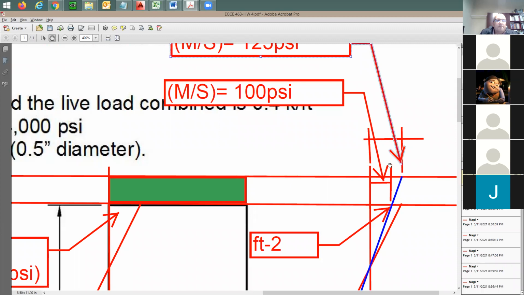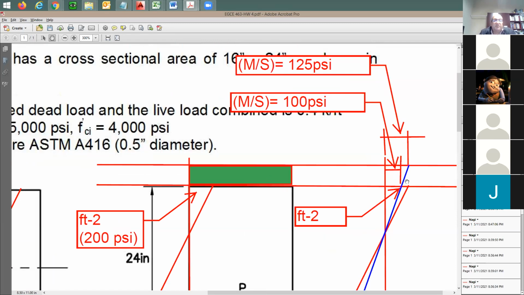Cool. Are you good about this? So the stress for the blue distribution, all the way at the top, is going to be 125, and at the top of the beam it's going to be 100, right?